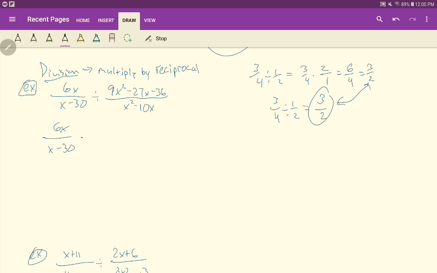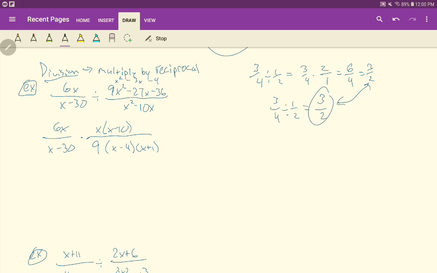And I'm also going to go ahead and factor things too. So, I'll take the 9 out, which will leave me with x squared minus 3x minus 4. And so I'll have x minus 4 times x plus 1, like that.